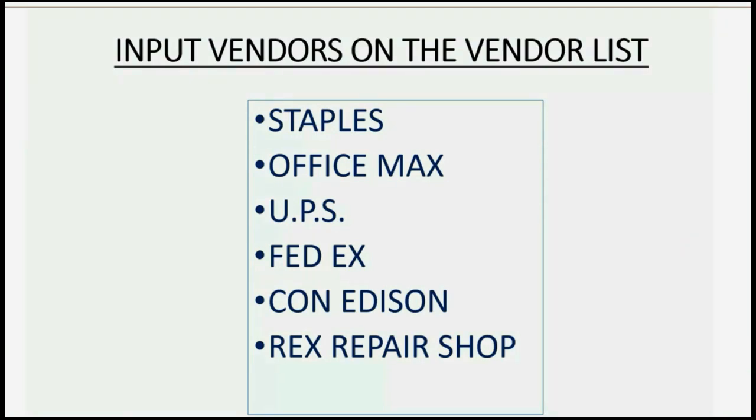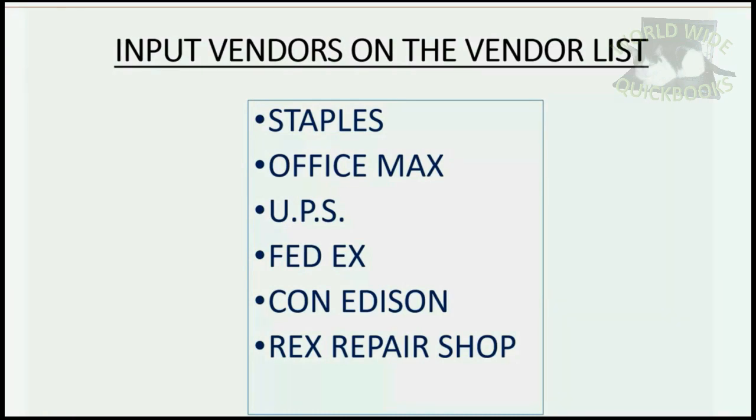Now, the vendor center is 100% the same as the customer center. And because this is a crash course, we're not really going to bother putting in the name with the address and the phone number and all the other information that would be irrelevant when we're studying QuickBooks.